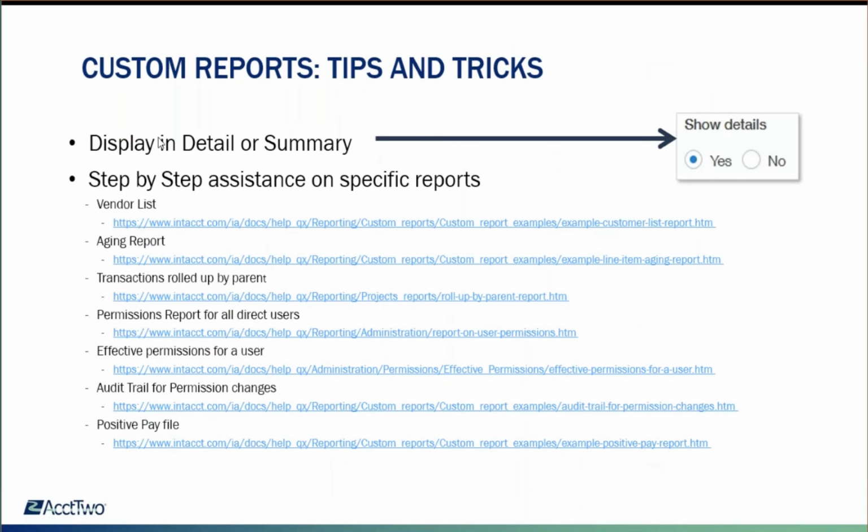All right, some tips and tricks relating to custom reports. When you group data on a custom report, you get this option to show details or not to show details. Basically, when I say show details, what I get is my unique combination of whatever chart of account or dimensions I select to group by.